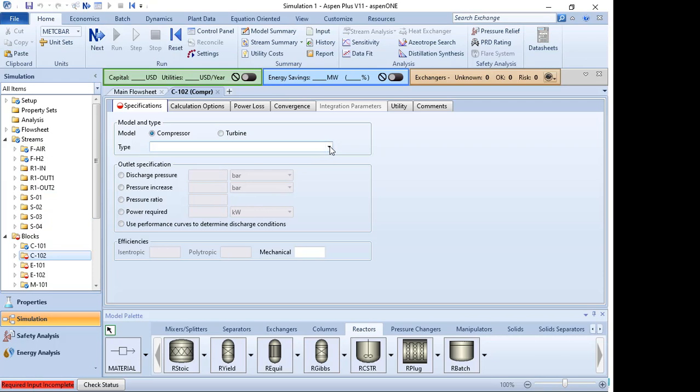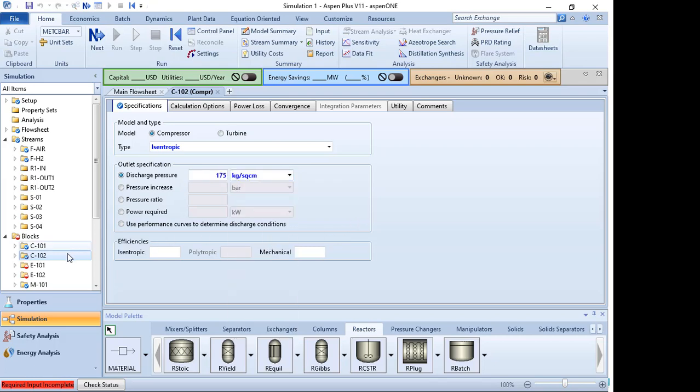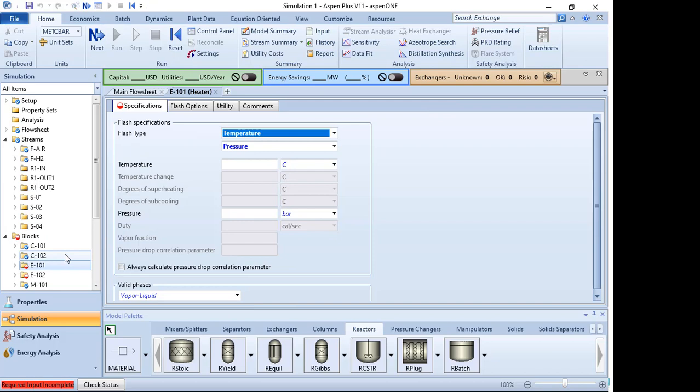Compressor 2 also has the same specification, isentropic and 175 kilogram per square centimeter, while for the heat exchanger we can just specify the temperature as 550.